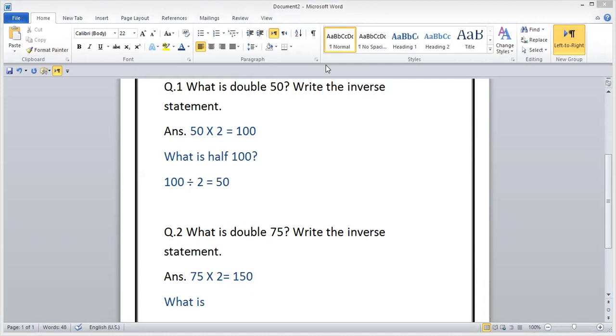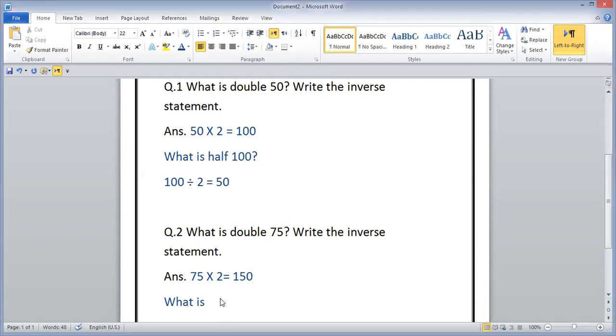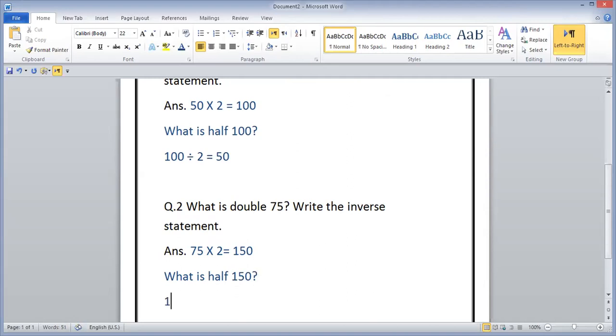Yes, very good. So the inverse of double is half. Now I will find out what is half. In the statement I will write the number which is the answer: what is half of 150? And then I will solve this too. In order to find out the half, I will write 150 and then I will divide it by 2. 150 divided by 2.